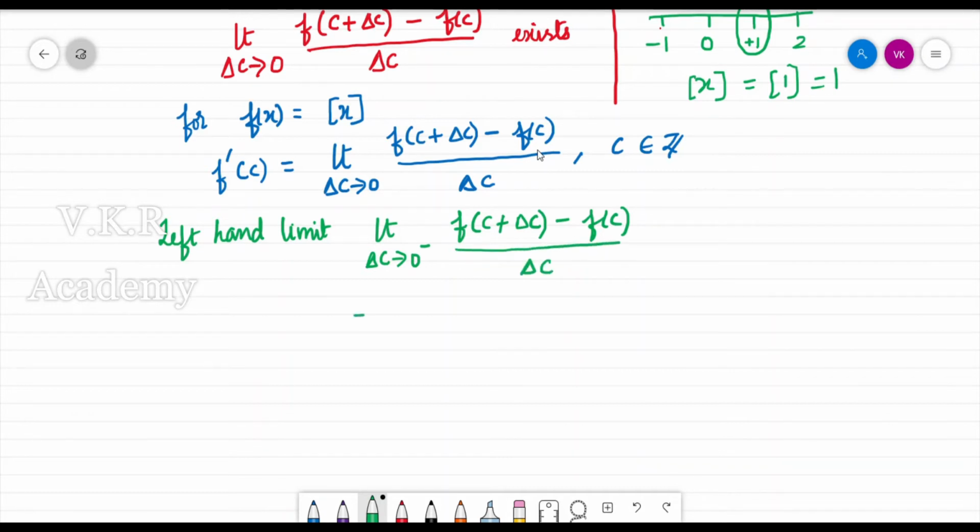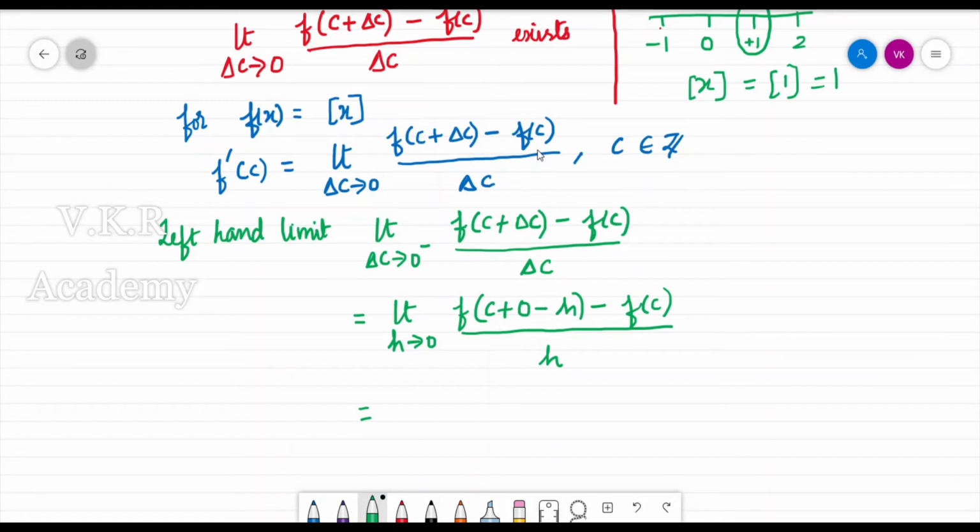So that can be evaluated by limit h tends to 0 f of c plus 0 minus h minus f of c by h.